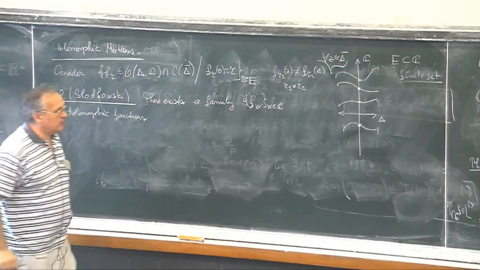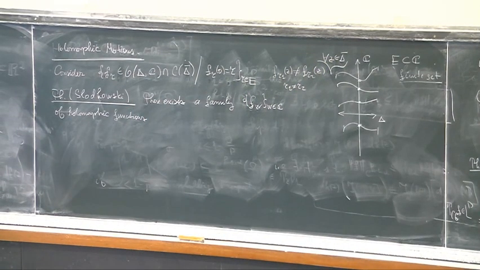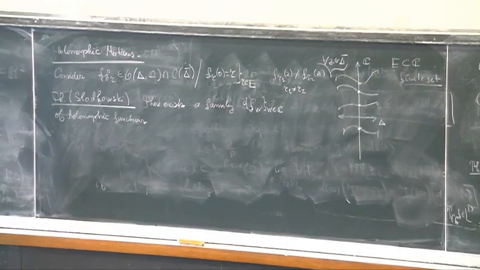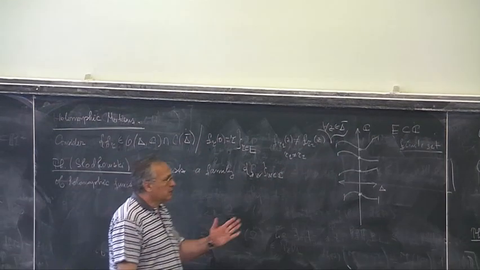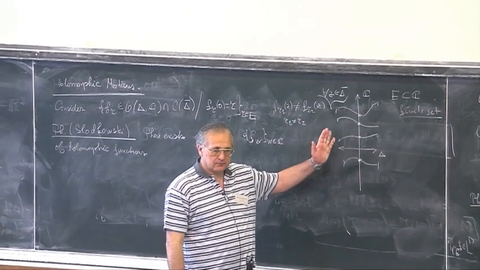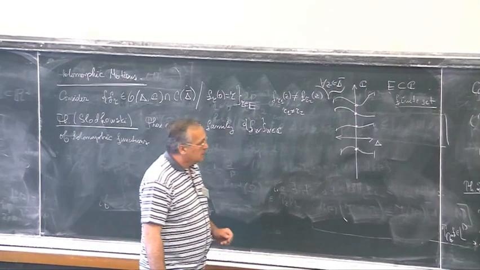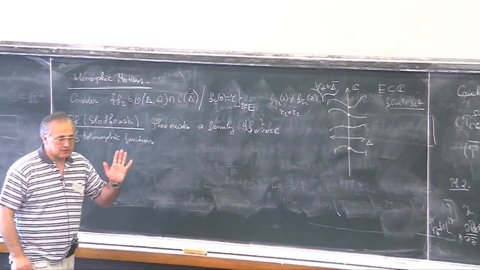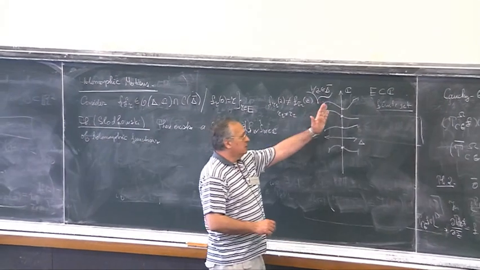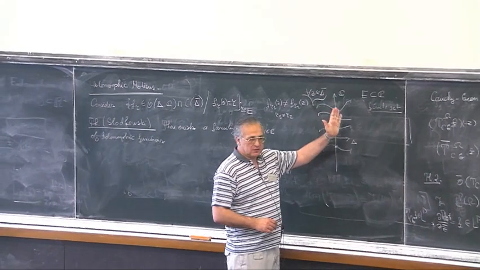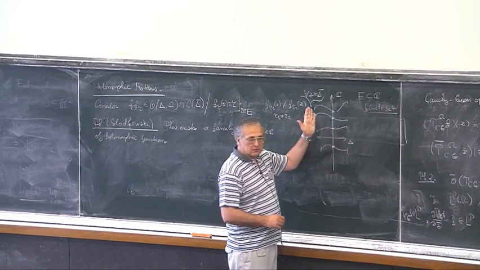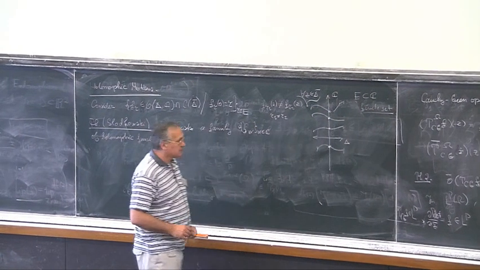So we have a disjoint union of holomorphic graphs. You can see it as a holomorphic motion of some set E, which is traveling holomorphically. Okay, this is a picture.